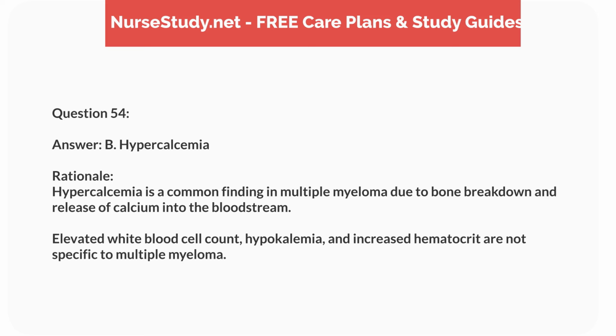Answer: B. Hypercalcemia. Rationale: hypercalcemia is a common finding in multiple myeloma due to bone breakdown and release of calcium into the bloodstream. Elevated white blood cell count, hypokalemia, and increased hematocrit are not specific to multiple myeloma.